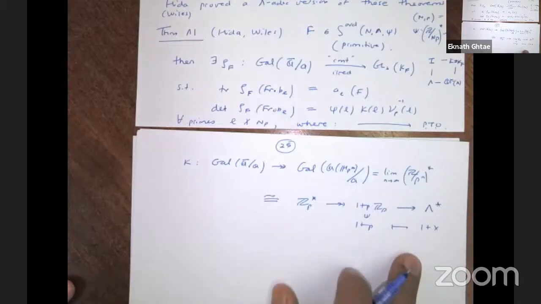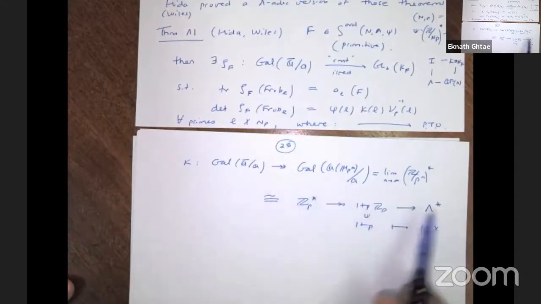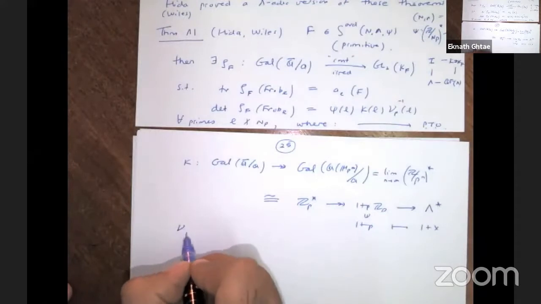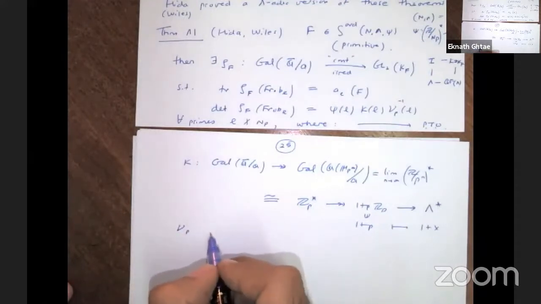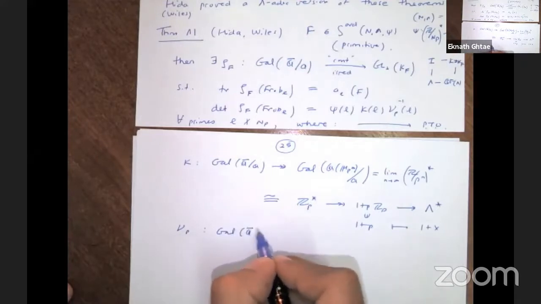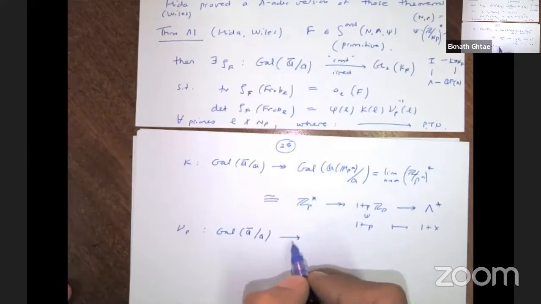Okay, so this is a very canonical character. It's a Galois character which follows these very natural arrows, and the last one is really the definition. 1 plus p goes to 1 plus x. Okay, so we need that, and nu p is, you do the same thing.